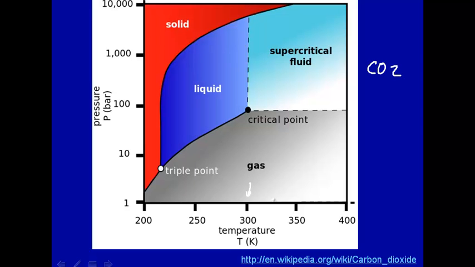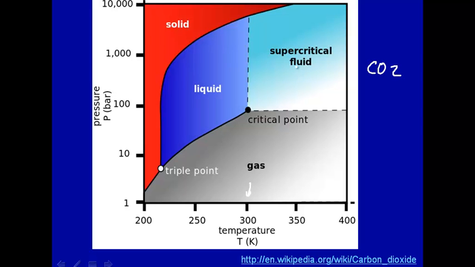So if you go a little bit above 300 K, and you start compressing gaseous carbon dioxide, you go into the regime of what's called a supercritical fluid. You get supercritical carbon dioxide because you're above the critical pressure. Supercritical carbon dioxide is a good cleaning fluid.